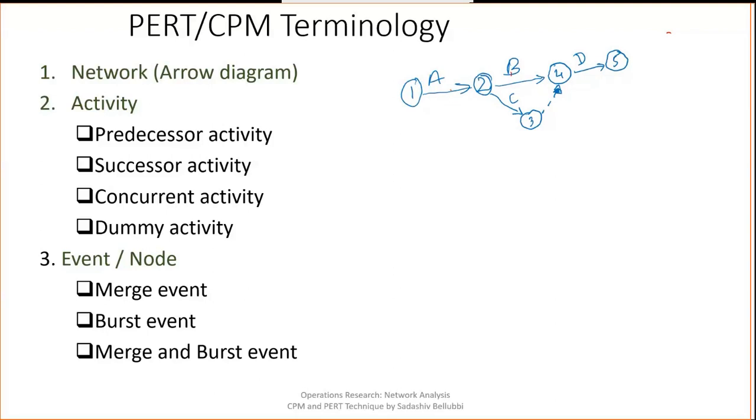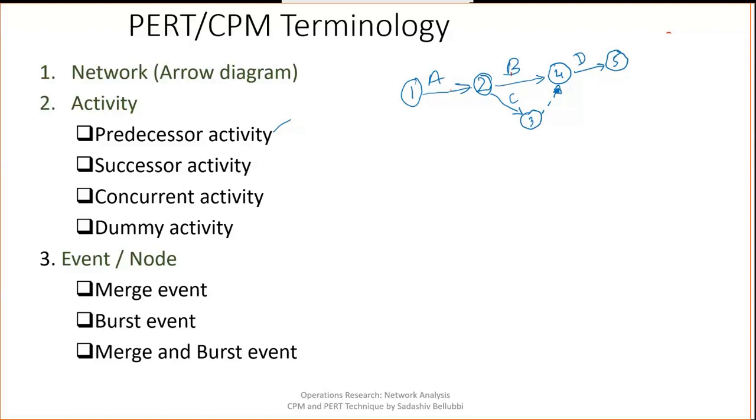Predecessor activity is the first one we will study now. A predecessor activity means it is an activity which has to be completed prior to the starting of another activity. I repeat once again, a predecessor activity means it is an activity which has to be completed prior to the starting of another activity.